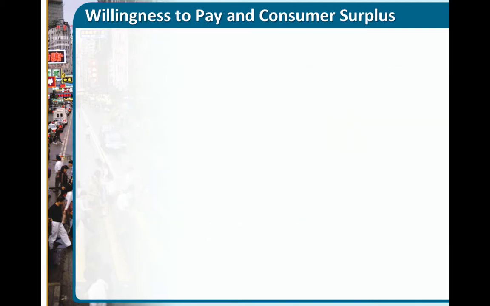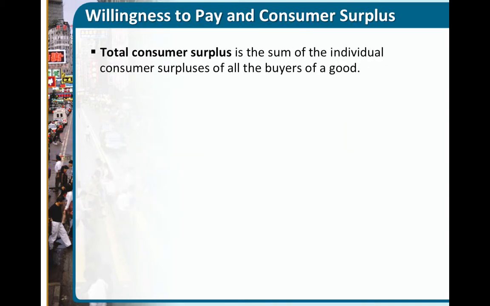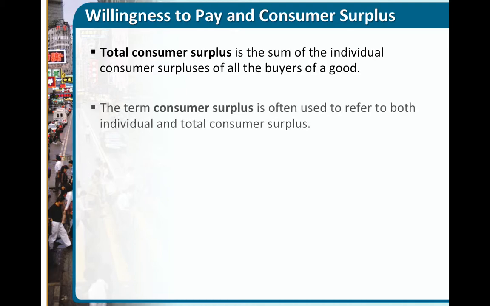So you'll see that Alicia has a willingness to pay 59, Brad is at 45, Claudia's at 35, and so on. That is the most they are willing to pay for that good, in this case textbooks. So total consumer surplus is the sum of all of the consumer surpluses.